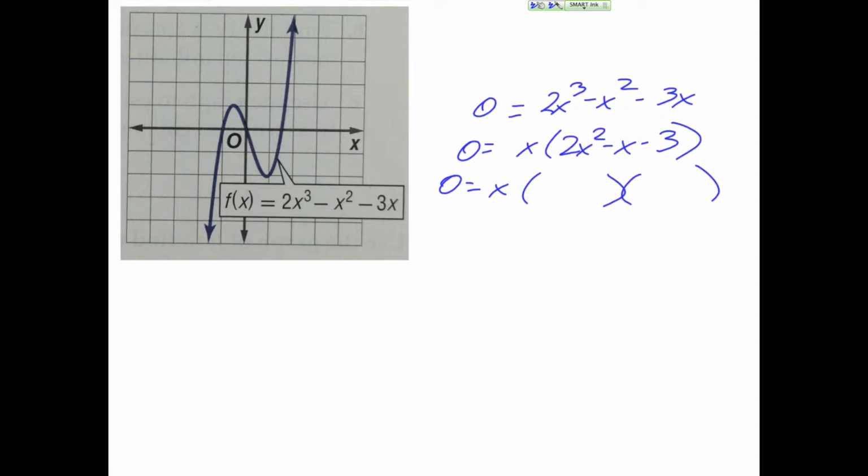Okay. x minus 3. Nope. Actually, it's 2x minus 1, and is that right? No. That's not right either. That's what it should be.